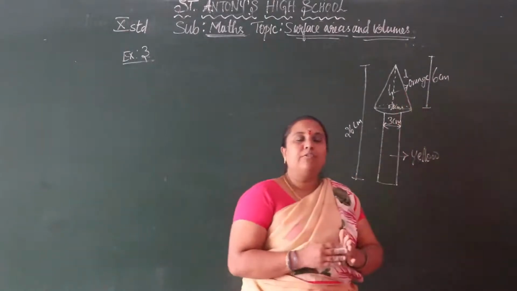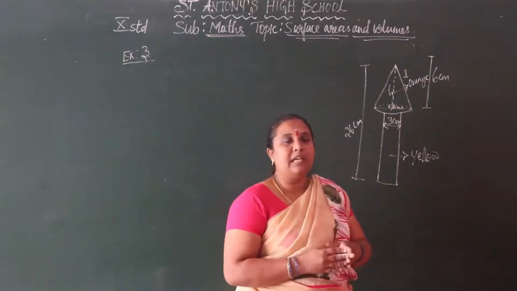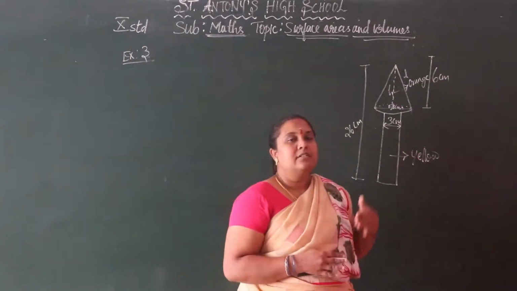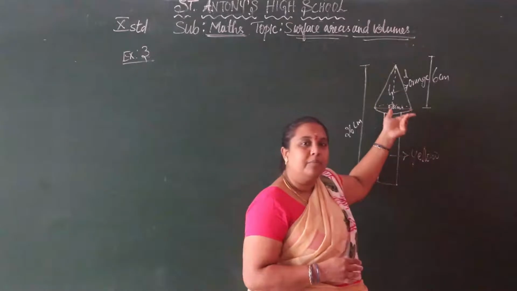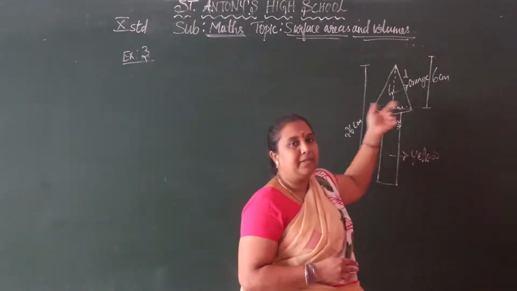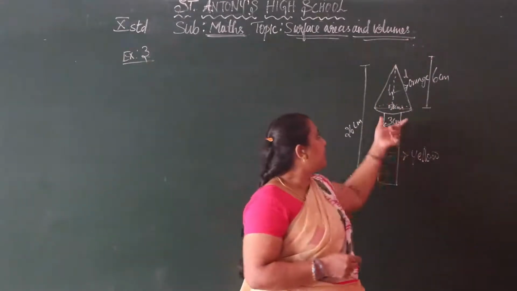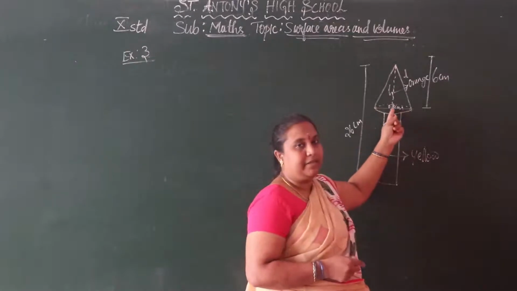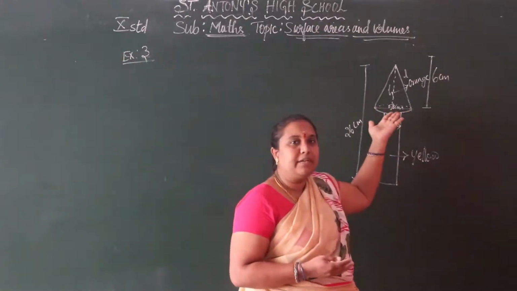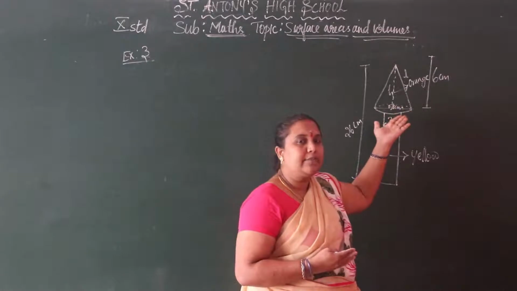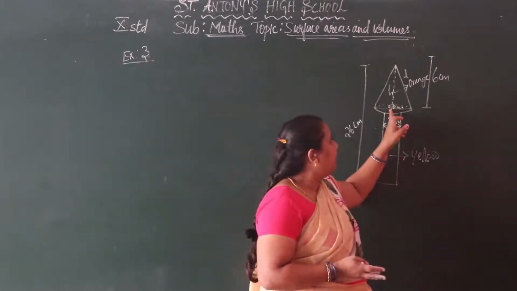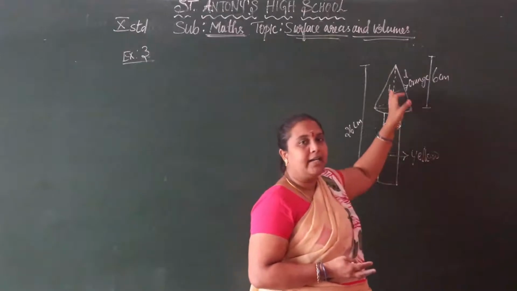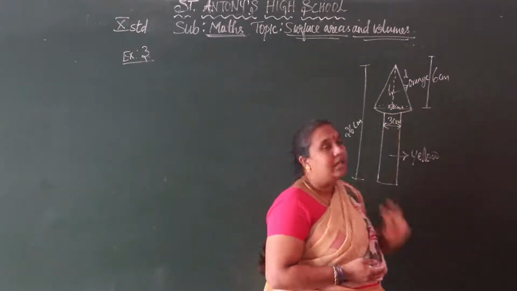We have to find l using height and radius. We know the radius because they gave the diameter of the conical part, which is 5 centimeters. So radius equals diameter divided by 2, so r is 2.5 centimeters. Using r and h we find l.